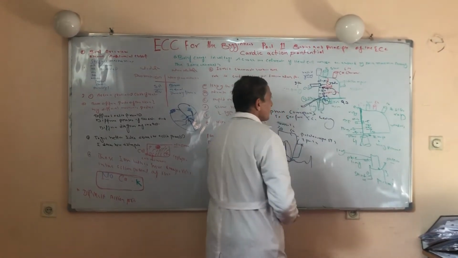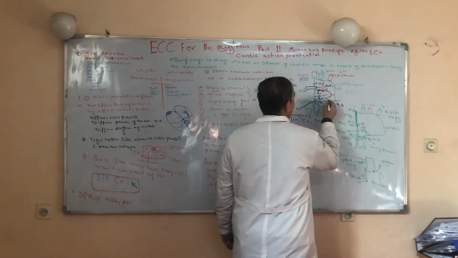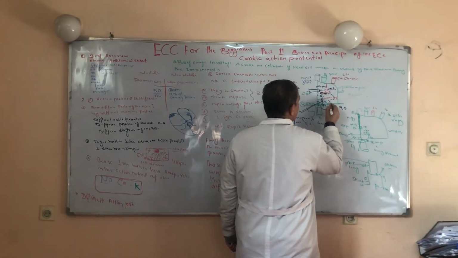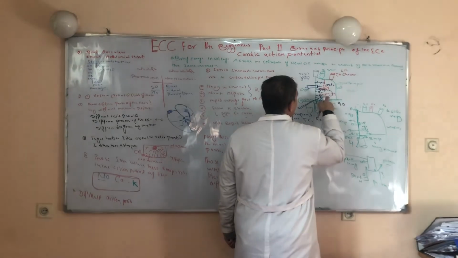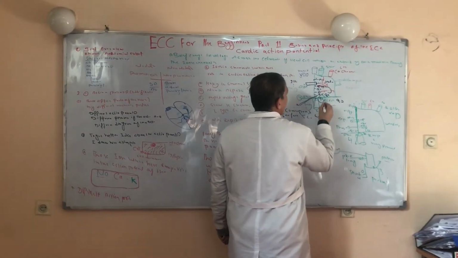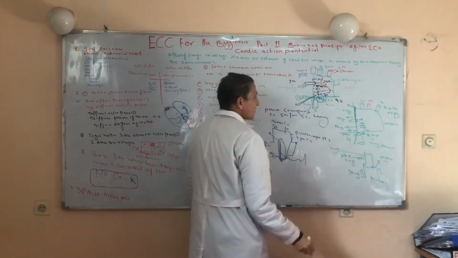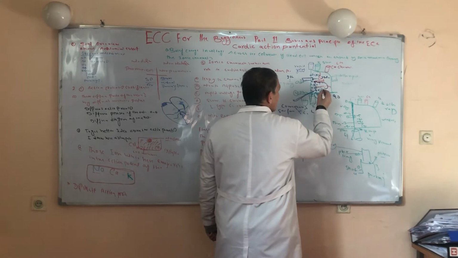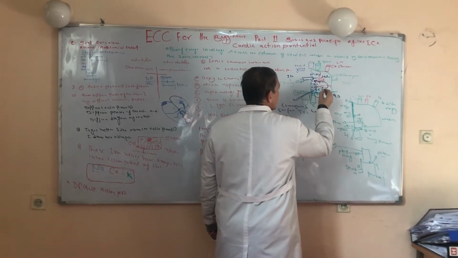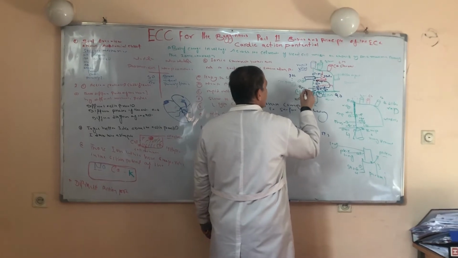This minus 90 becomes minus 80, and still sodium is coming from outside the cell into the inside the cell. It becomes less negative, minus 70. When it reaches minus 70, this is called the threshold potential.